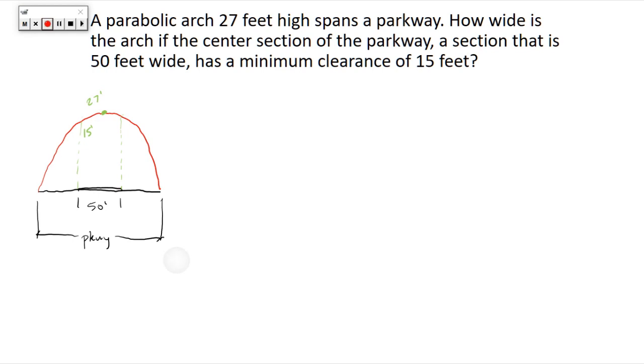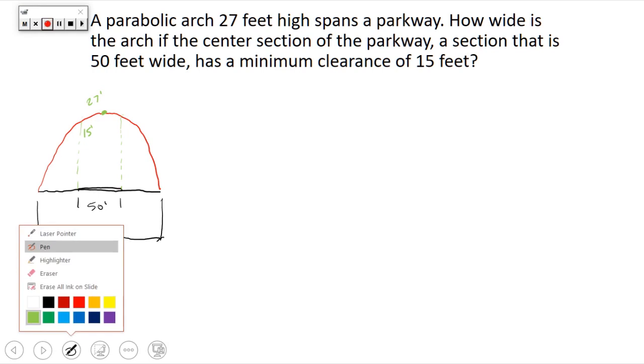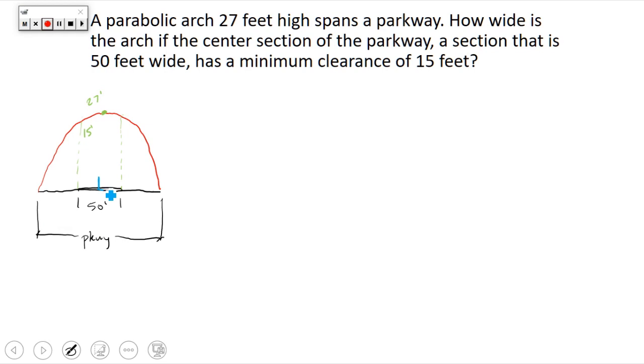Alright, let's see. One thing we need to do for almost all these problems is put an origin somewhere. And I think the best place to put it is directly underneath what will be the vertex of the parabola. So if we decide that's 0, 0, that means this h, k up here at the vertex is going to be 0 in the x direction and 27 in the y.